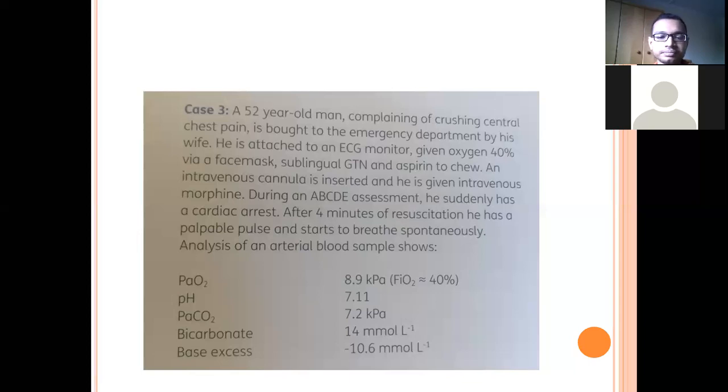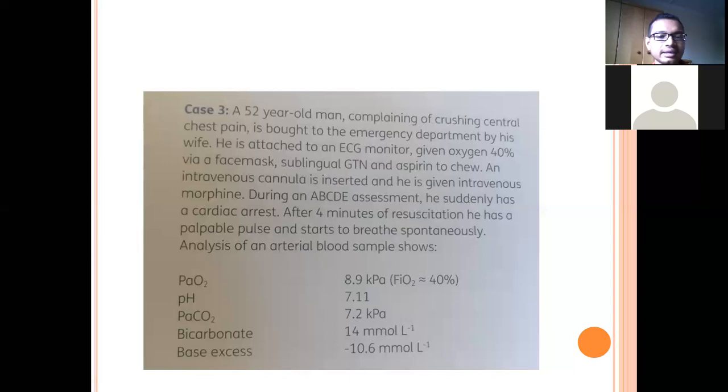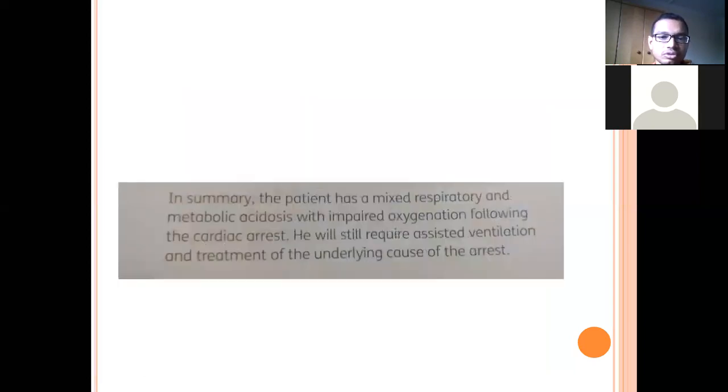So this is a metabolic acidosis. So this is mixed respiratory and metabolic acidosis. As I said, it was 7.2, carbon dioxide is high, and it matches with the pH. So it's a metabolic as well as a respiratory acidosis. Both components are still there.